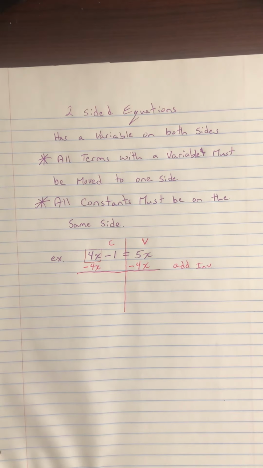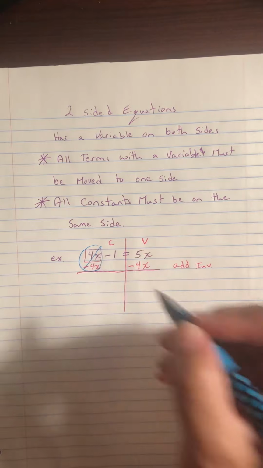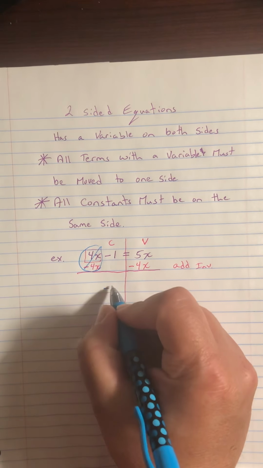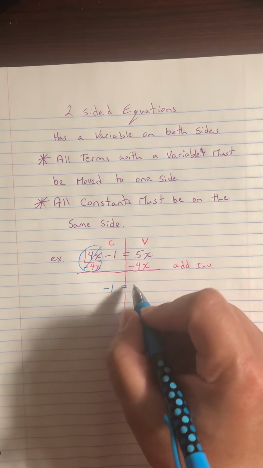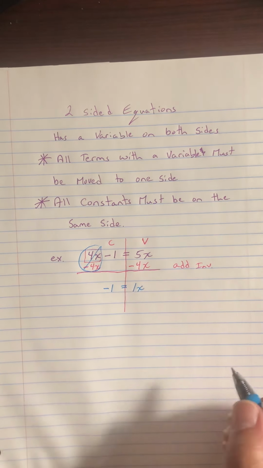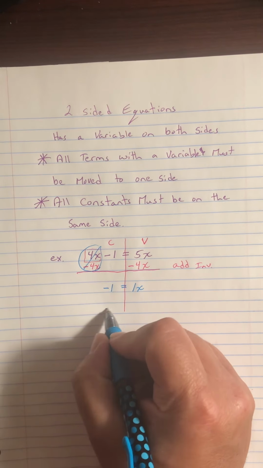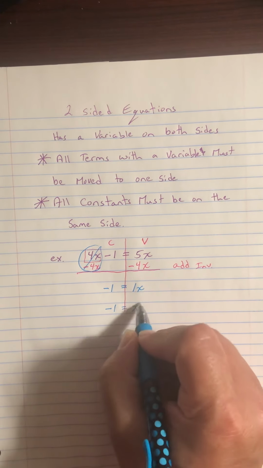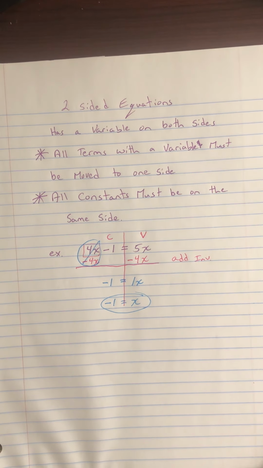Now when we come across and we combine, look here, these make 0, leaving me a negative 1 equals positive 5 and negative 4 is 1x. This I can make invisible, so it would just be negative 1 equals x. There's our answer. Okay.